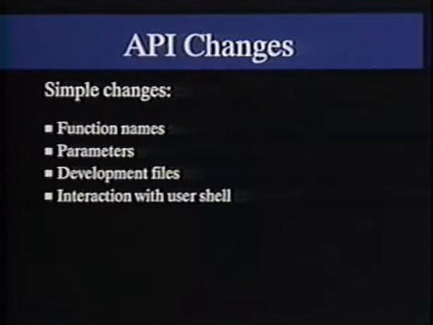In the simple changes, there are 4 different areas. Function names have changed, the parameters to some functions and the data structures used by some functions have changed, the development files that you use, things like resource compiler files, have changed. And finally, this new user shell has some impact on the API as well. I'd like to consider each of these independently.